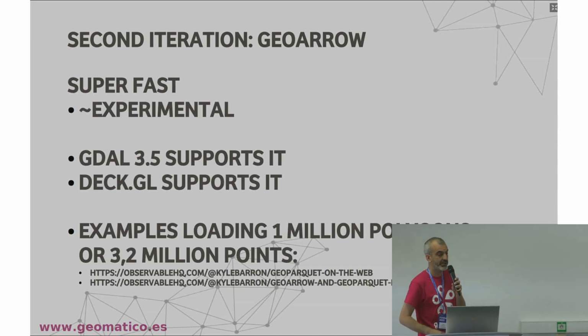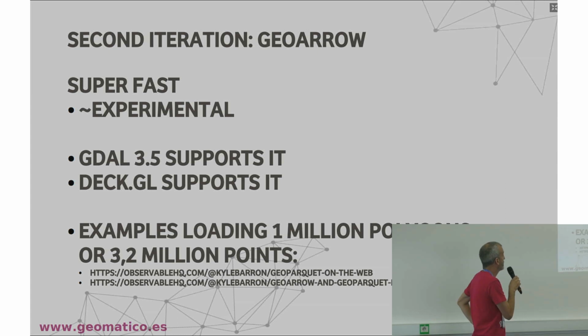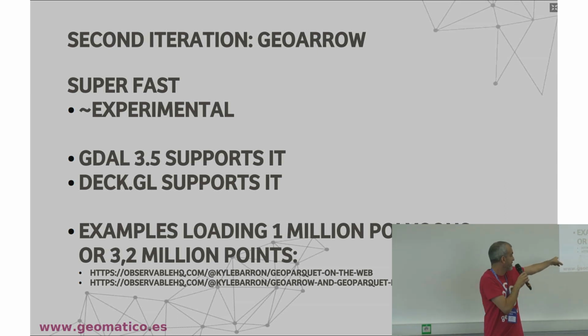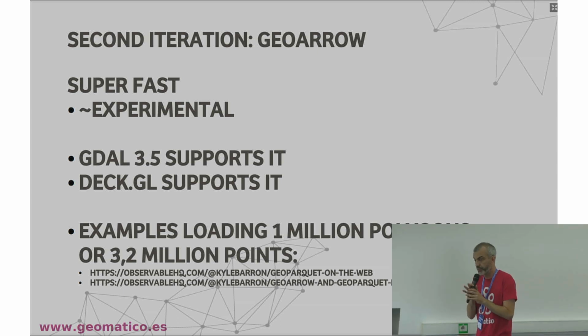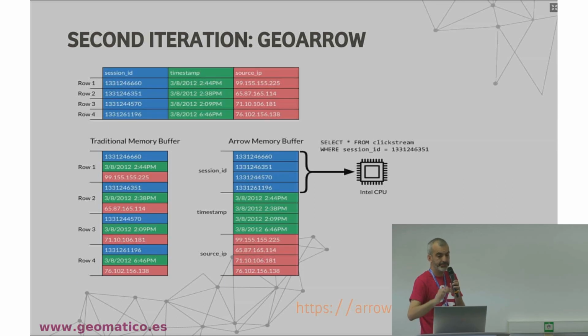And what is GeoArrow? It's a format that's super fast, experimental. GDAL supports it, Deck.gl supports it. He has examples of loading 1 million polygons or 3 million points. Just go to its repository, and it's really fast. How does it work?